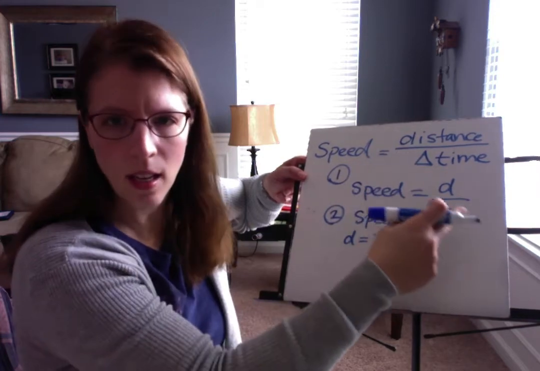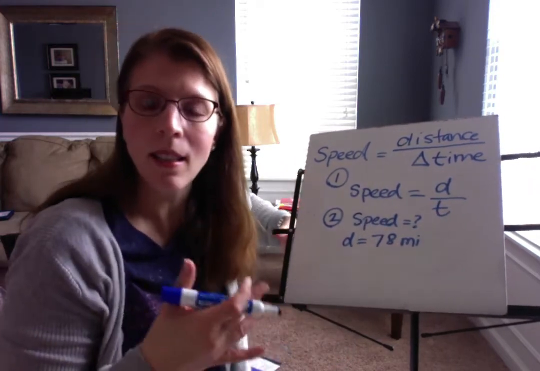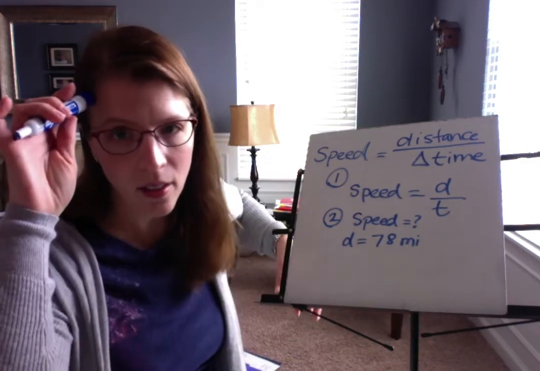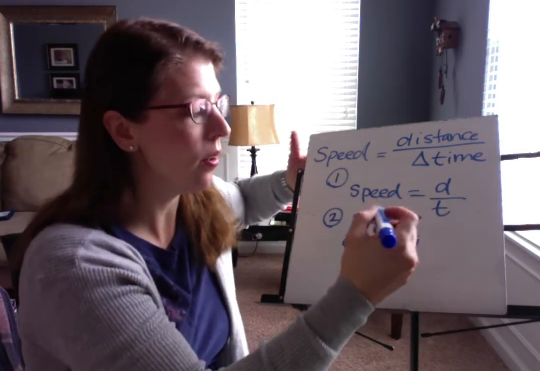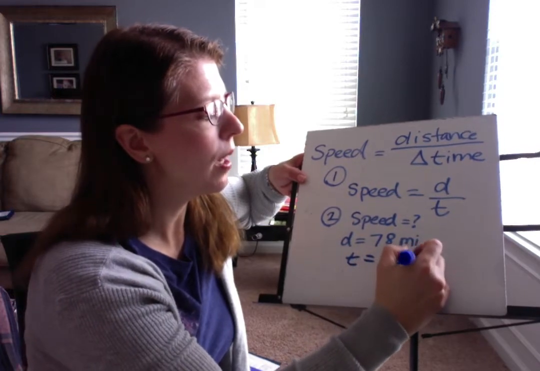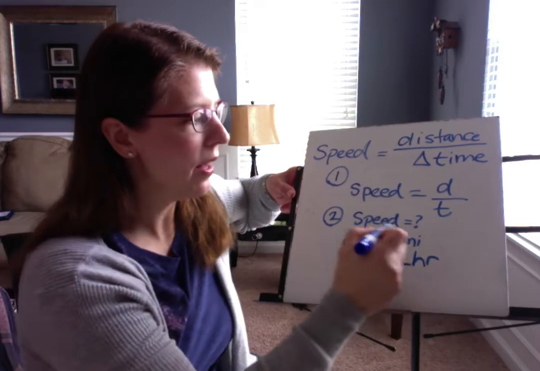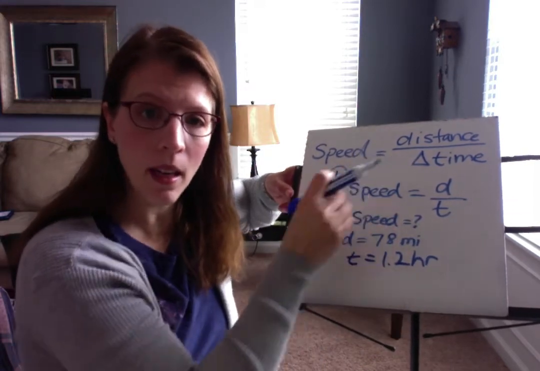Is that a distance? Or is that time? You're going to have to figure that out on your own, because the problem doesn't say T equals 1.2 hours. So you have to figure out, okay, the problem said 1.2 hours, I think that's a time. So I'm going to say T equals 1.2 hours. Now I've got the things I know, the thing I don't know, and I'm going to plug them into my equation.